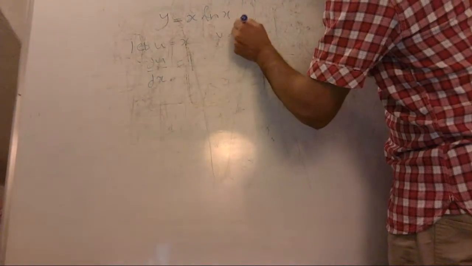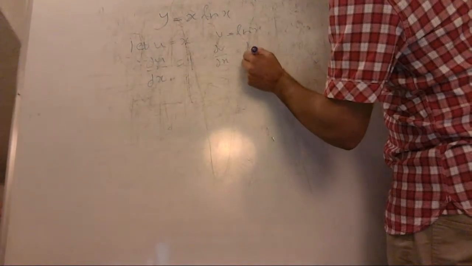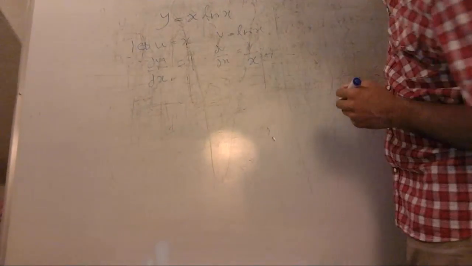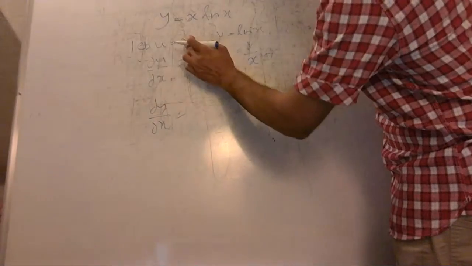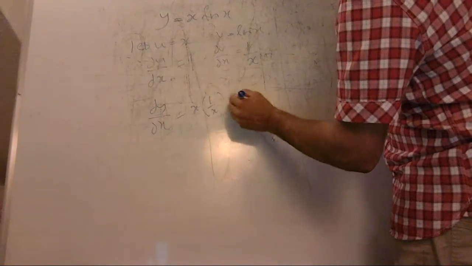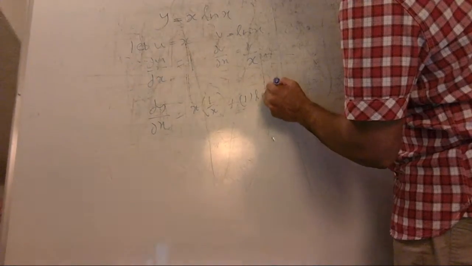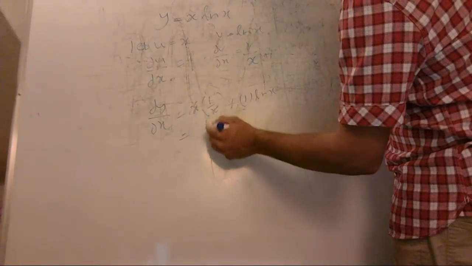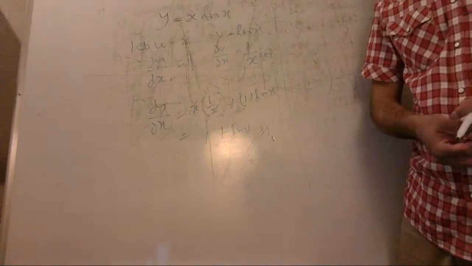Let v equal ln x, so dv/dx equals 1 over x. Now dy/dx is equal to u dv/dx, so that means x times 1 over x, plus v du/dx, which is 1 times ln x. So this x and this x cancel, it becomes 1 plus ln x, and that is the derivative of x ln x. Okay, so I hope it's clear.